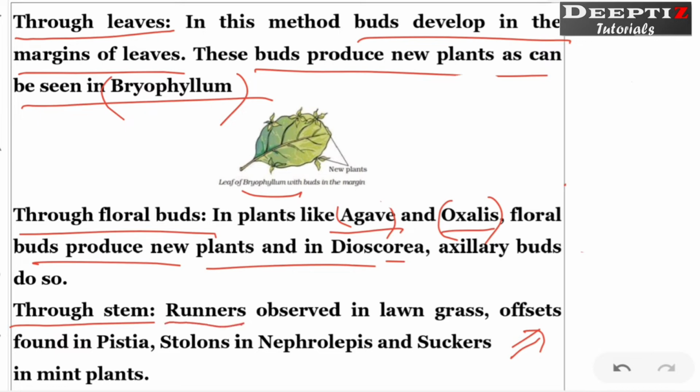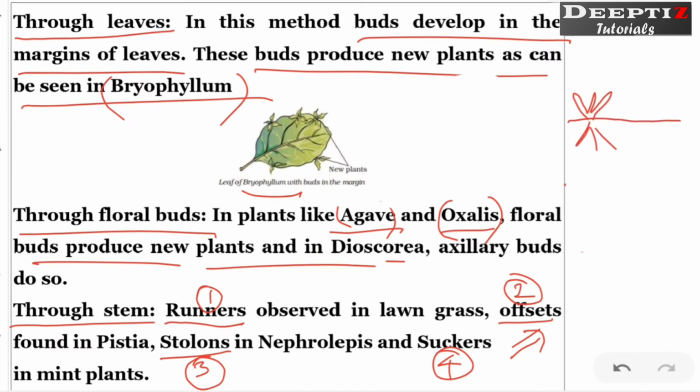First one is runner, second one is offset, third one is stolon, and the fourth one is sucker. On the right side I am drawing that, you just observe carefully. Suppose this is the soil and there is a plant and this is the root, right?